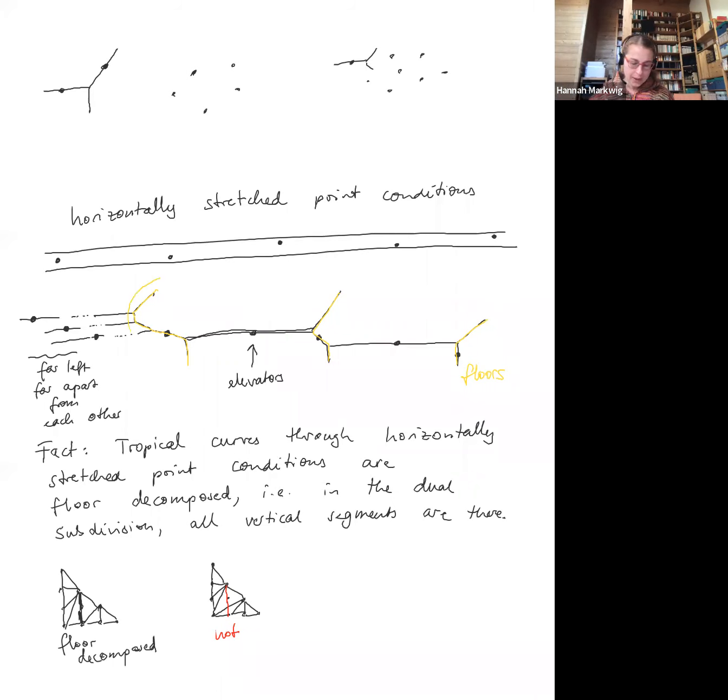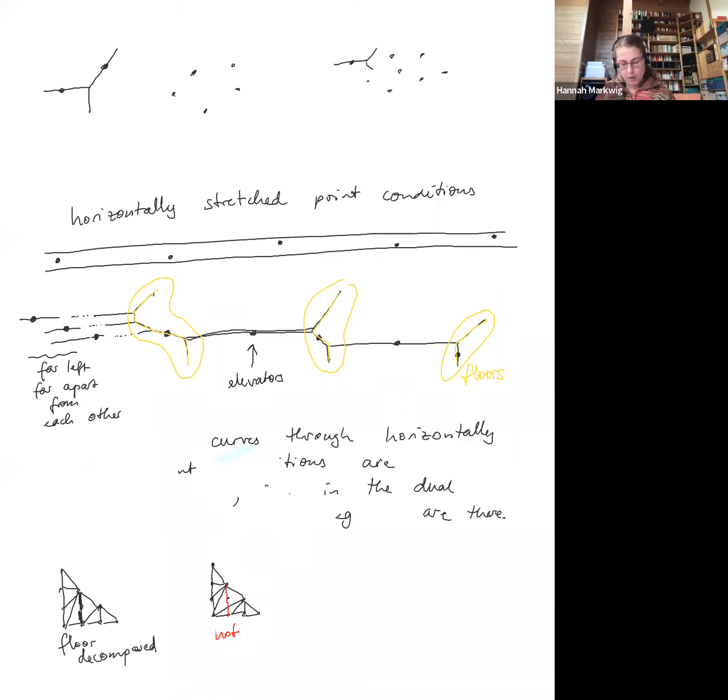We take a floor and shrink it to just a point. By doing that, we produce a graph on a linear point set from our floor decomposed tropical curve.